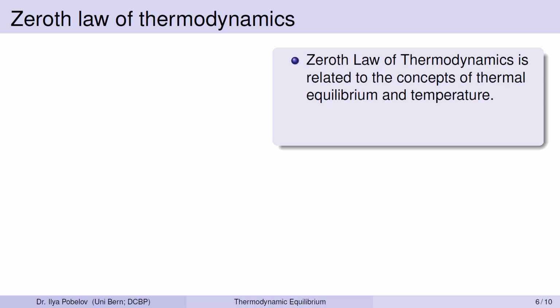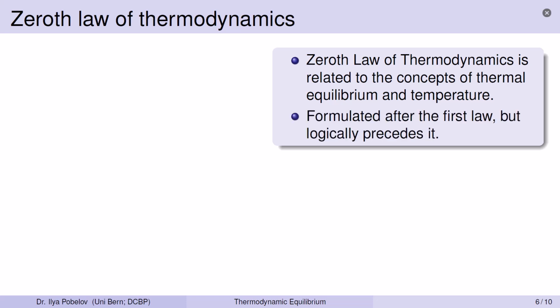Related to the concepts of thermal equilibrium and temperature is the so-called zeroth law of thermodynamics. The naming of this law might seem odd at first, as it was formulated after the first law of thermodynamics. However, in a logical sequence, it precedes it, hence the name zeroth law.